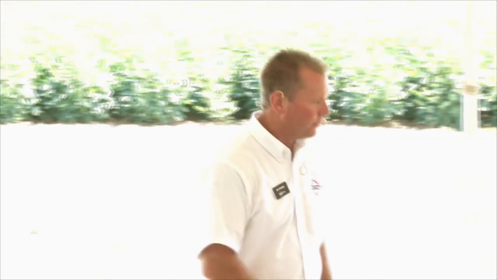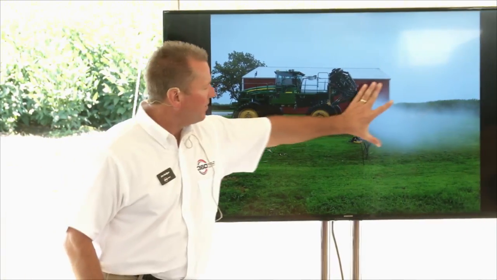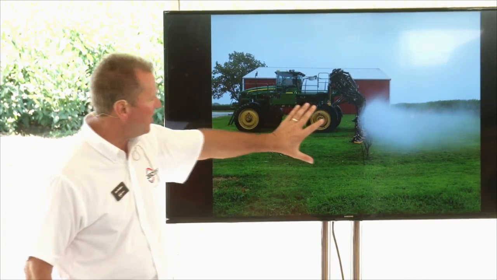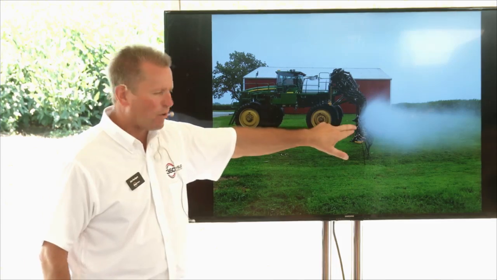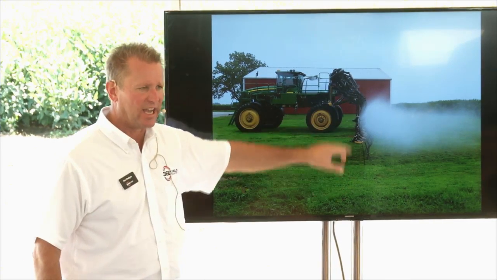What if it doesn't take 90,000 kernels to make a bushel? What if it only takes 80,000 or 75,000? And the way I can do that is through our undercover application system. So this is an example of the spray pattern, and we're going to see this live in just a few minutes, but visualize this out in the cornfield and think about the coverage you're going to get.